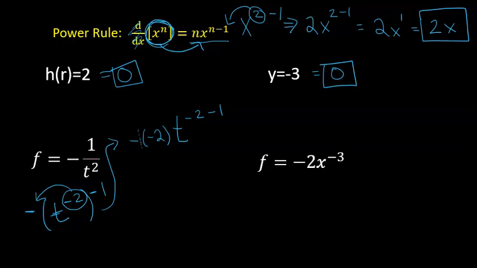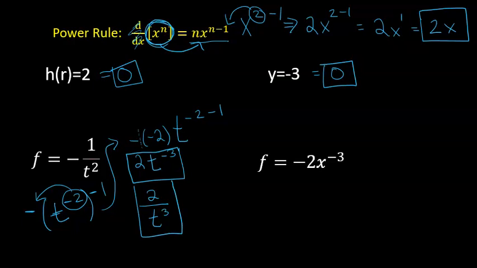Anytime you just see a negative, there's an invisible 1. Negative 1 times negative 2 is positive 2. We're going to keep that t as is. Negative 2 minus 1 is negative 3. This is the answer. And here's the thing: you see that little negative 3? You can turn that back into a fraction if you wanted. It's going to look like this.